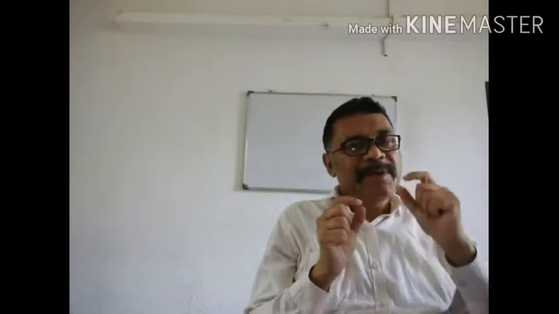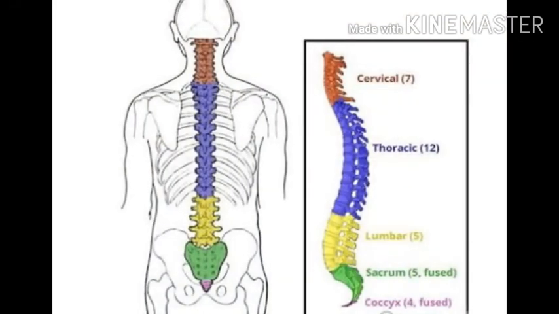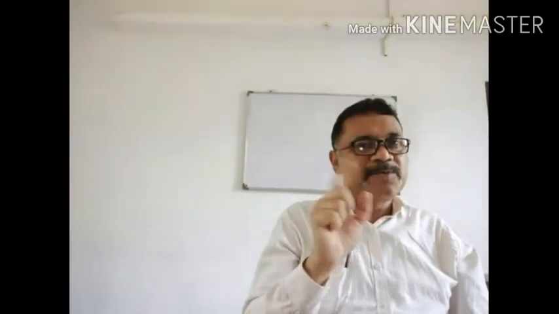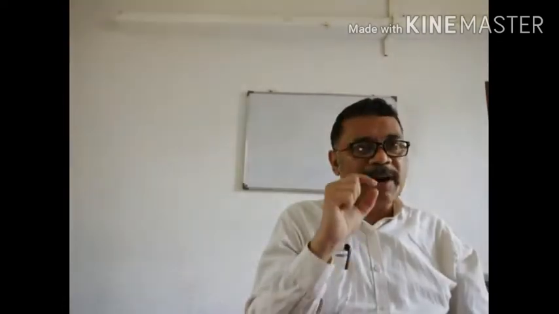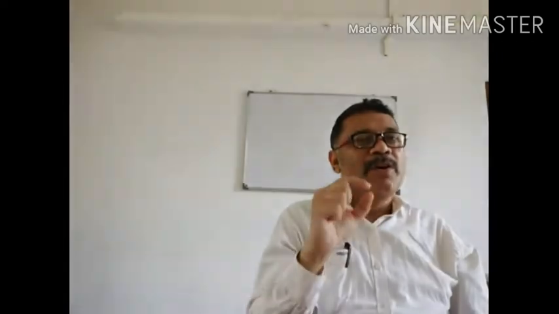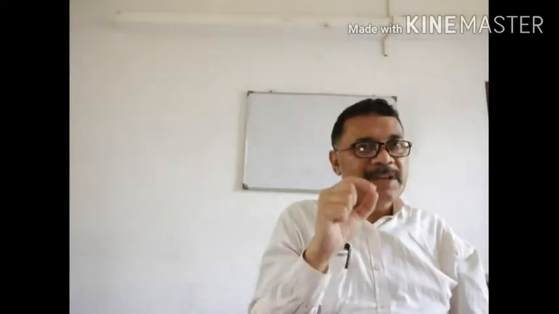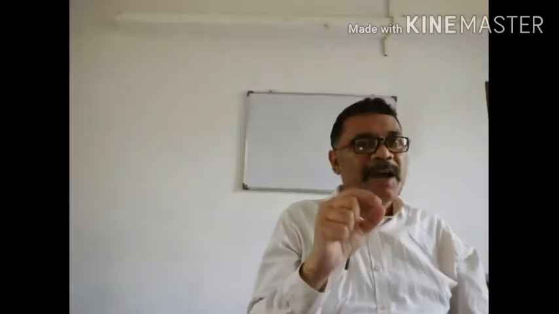It is made up of 33 small vertebrae. Vertebra is the singular, vertebrae is the plural. Okay, vertebra means one vertebra. If two or more, it will be vertebrae. So 33 small vertebrae form our spine or backbone or scientifically vertebral column.